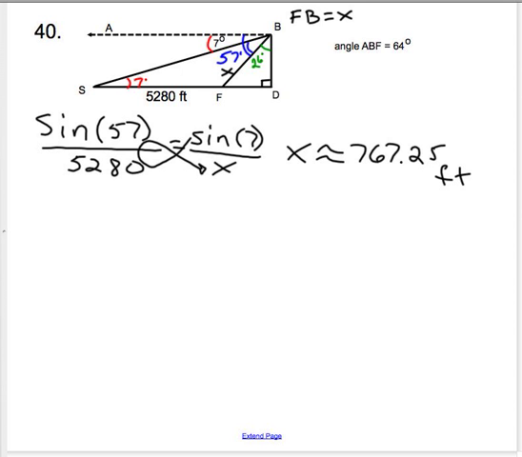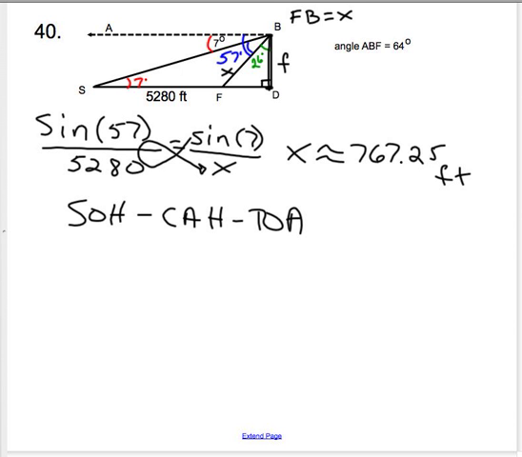Okay, well now what? Now I'm going to take my answer from x and try to work something with f. You notice I just wrote the f. The little f is the height of the balloon from B down to D, from the balloon down. That's how high the balloon is off the ground. Now, in order to do that, I could do more law of sines. But what I recognized is I could do just regular trig. So, SOH CAH TOA.